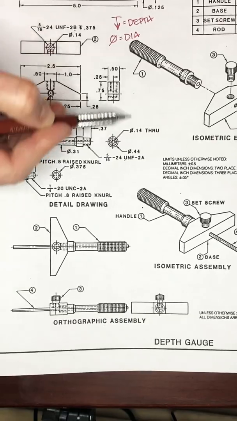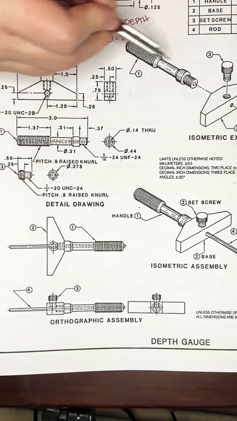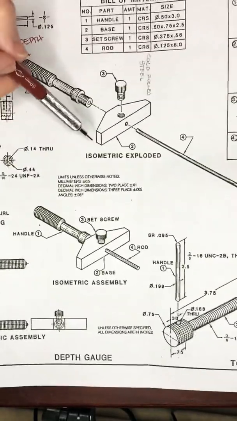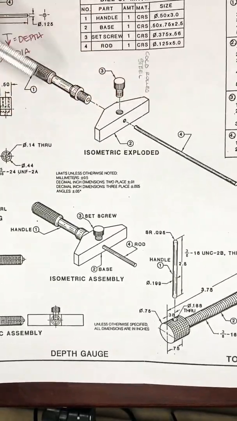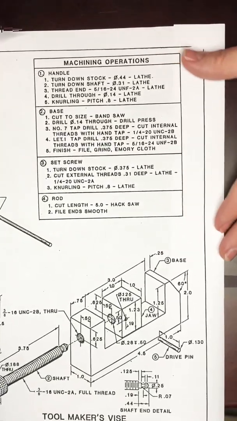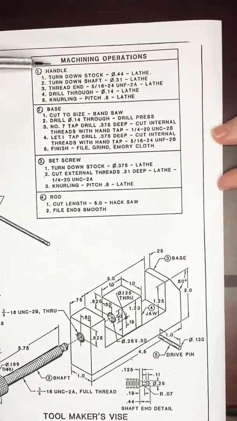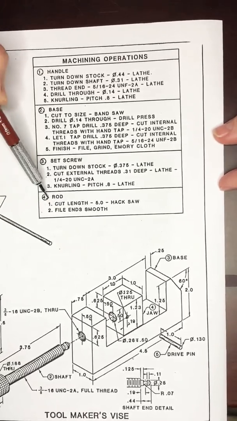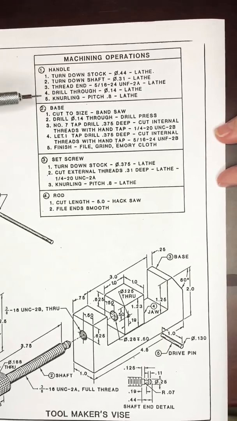These are the details of each part that make up the entire depth gauge. You have an exploded isometric, and then you have the machining operations. So you need to read through this because this tells you how they're going to make each part.